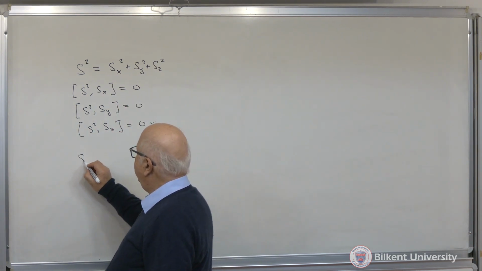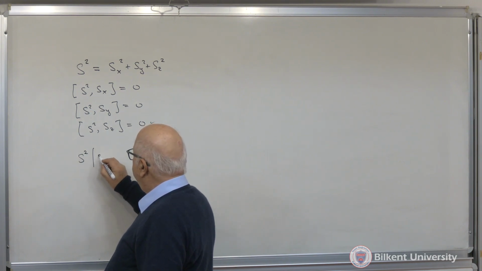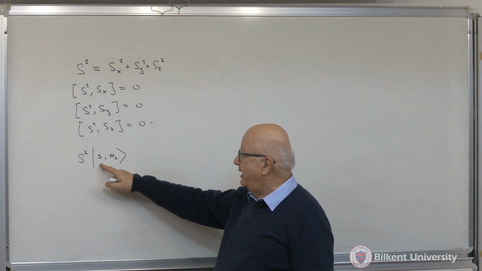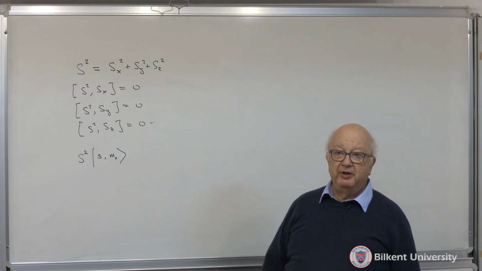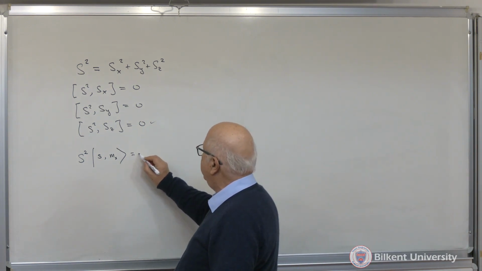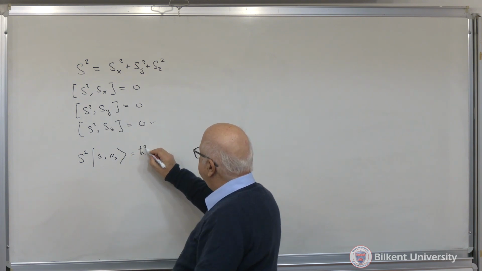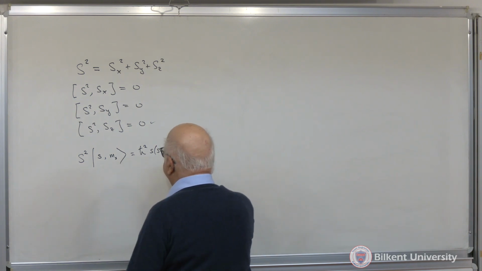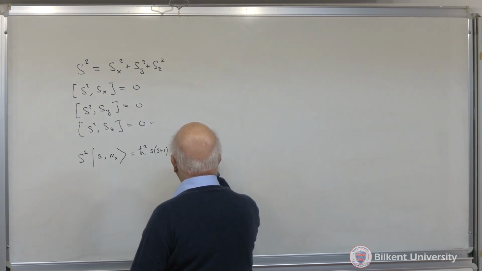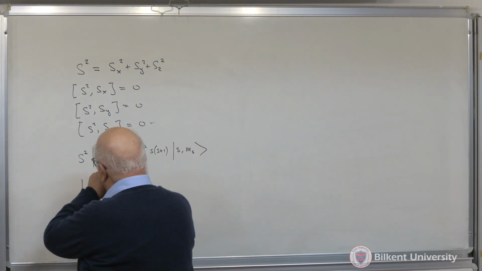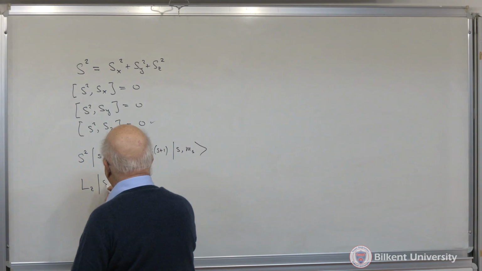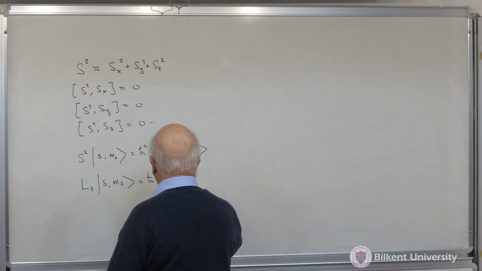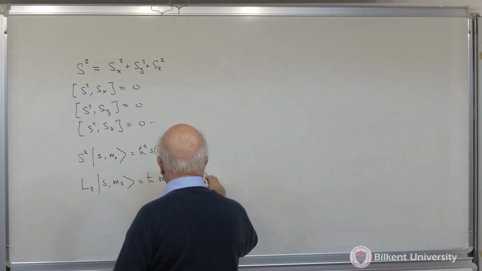So what do I have? I have this S squared on |S, ms>. This is like |L, m>, except that now I call them S and ms. So this is going to be h bar squared S(S plus 1) |S, ms>, and Sz |S, ms> is equal to h bar ms |S, ms>.